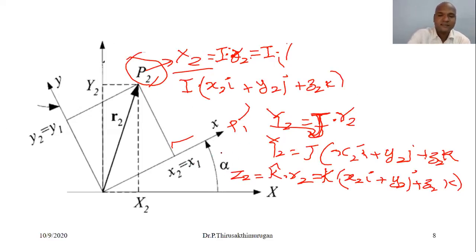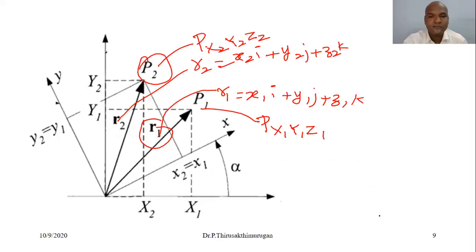Here the body frame makes a rotation of alpha, which we represented as gamma. So this gamma is an angle that makes a rotation about the Z axis, not the X axis. So what happened to the frame?